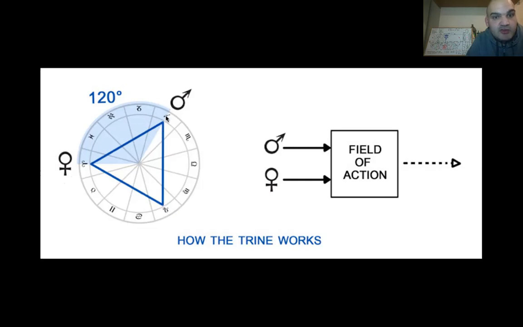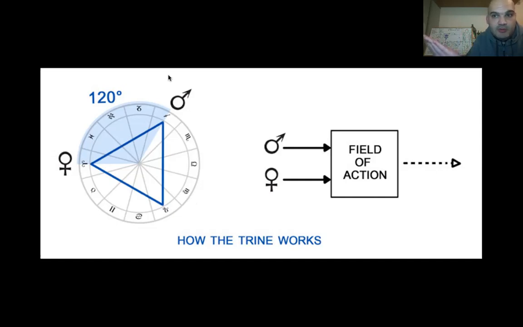This would be signs all of the same element. Because you have 3 signs for each element, for fire, you have here Aries, Leo, and Sagittarius.